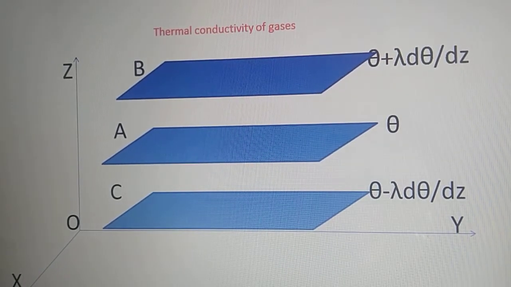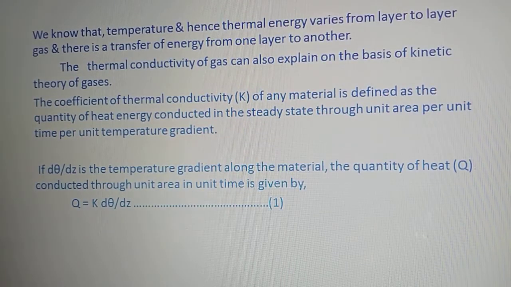Theta is the temperature. Lambda is the distance between two layers, and it is also the mean free path. And d theta by dz is the temperature gradient, the change in temperature with respect to the distance between the layers.